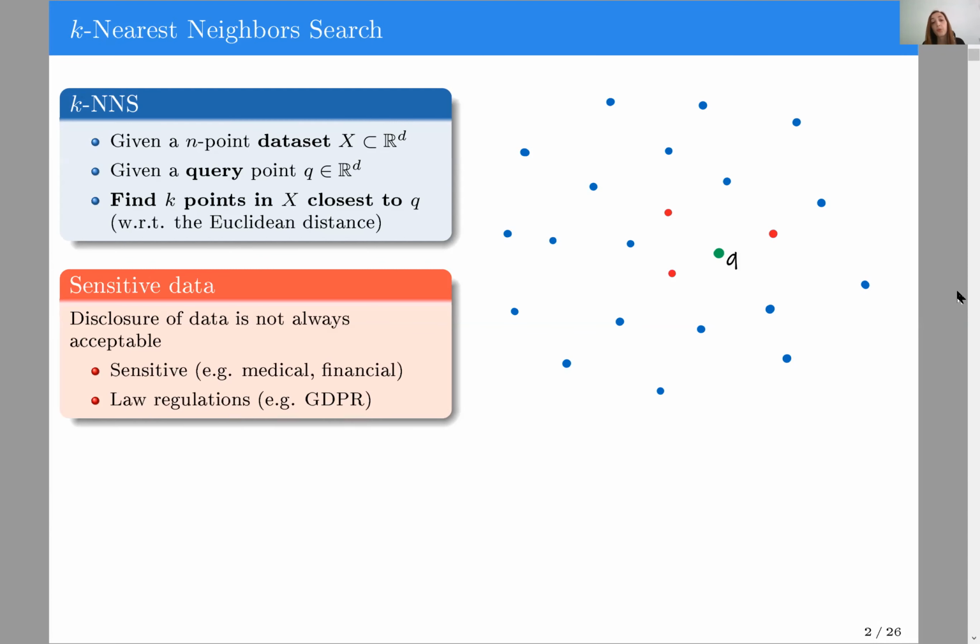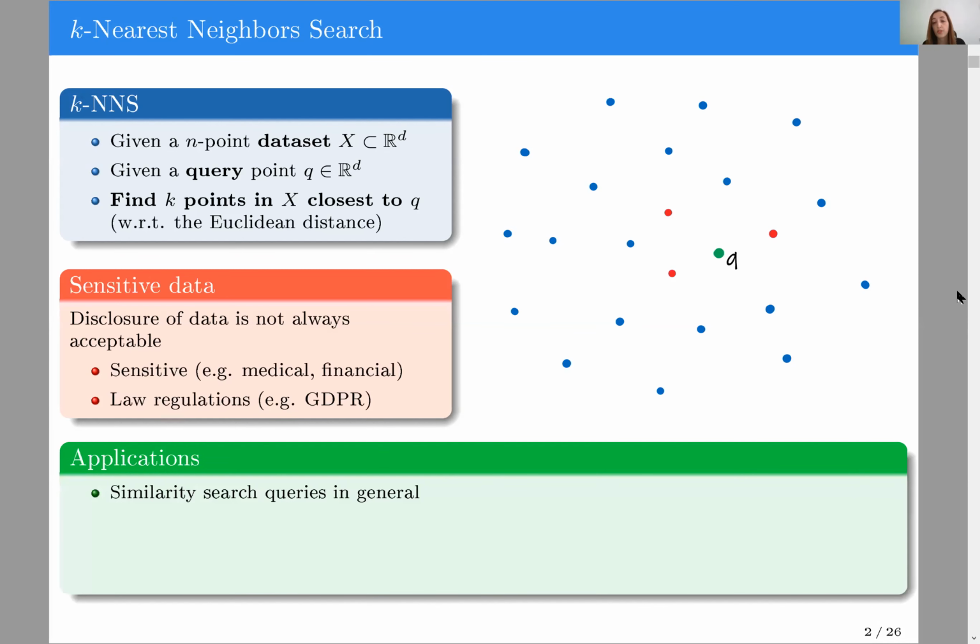So we would like, of course, and many studies in the literature have already started in this direction, to solve this k-nearest neighbor problem in a secure way, protecting the query, the data set, and the results. Many applications are possible. The majority of them concern similarity search queries in general, where you have a certain amount of features and you're trying to look for similarities between your query and those features registered in the data set.